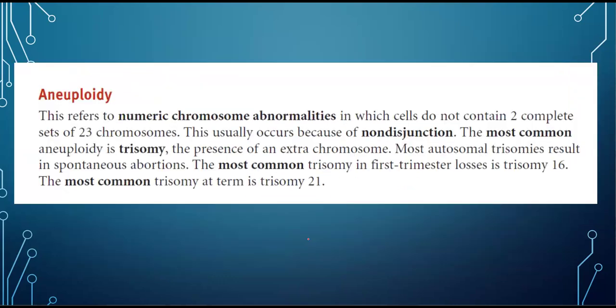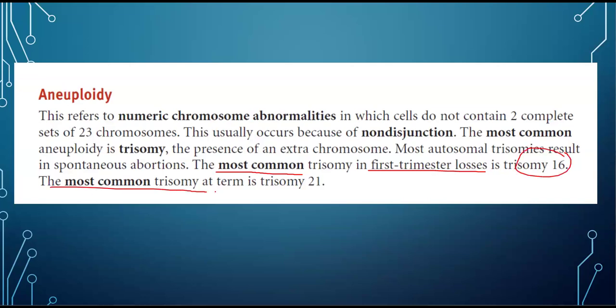Aneuploidy is what we call chromosomal abnormalities in a child. Chromosomal abnormalities are not our topic to discuss. Just remember the most common chromosomal disorder in first trimester miscarriages is trisomy 16.